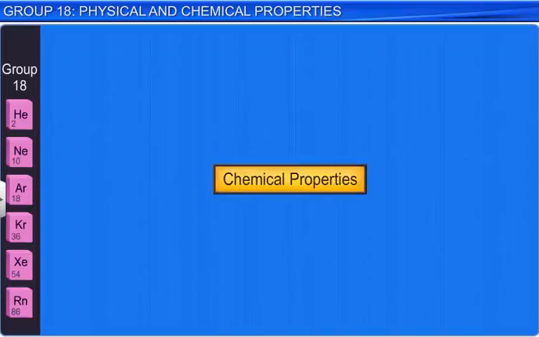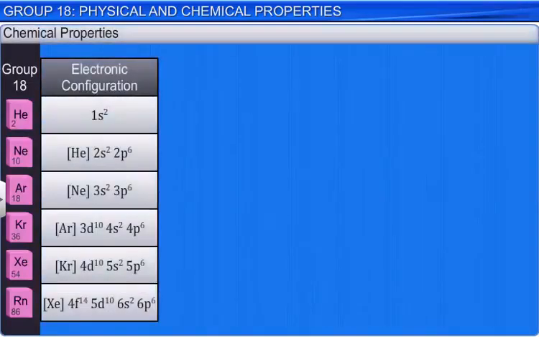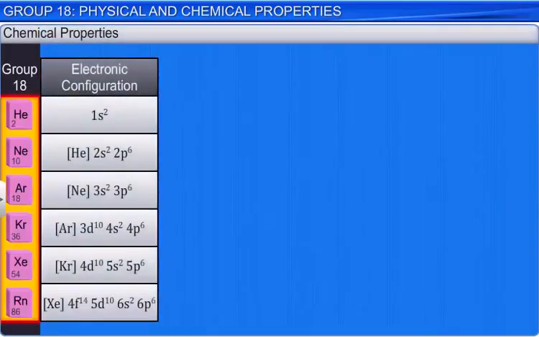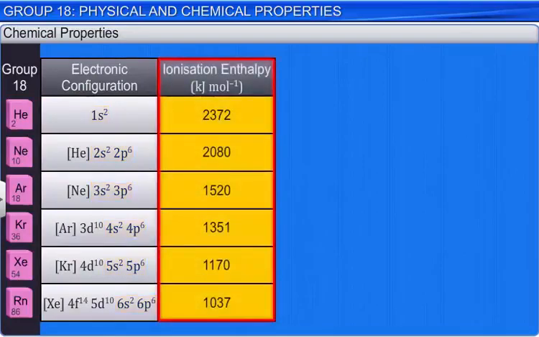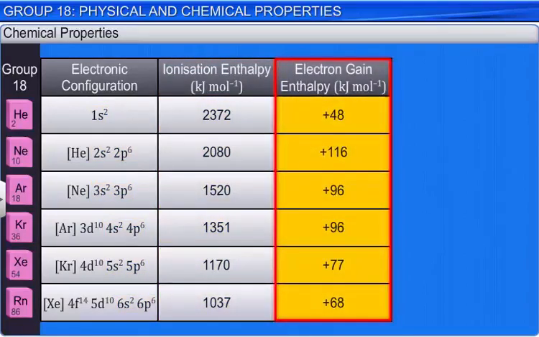Let us now discuss the chemical properties of these elements. You know that the inertness of these elements to chemical reactivity is attributed to their stable electronic configuration, high ionization enthalpy, and higher positive electron gain enthalpy.